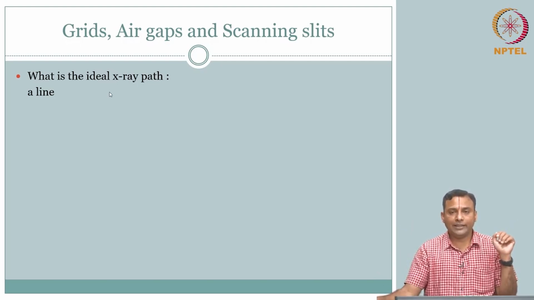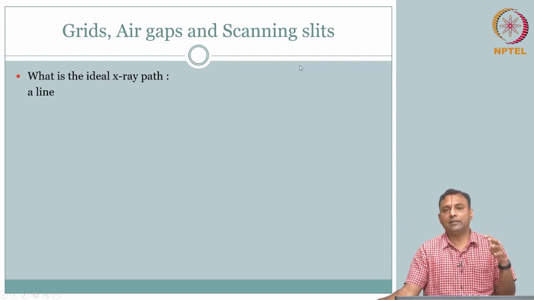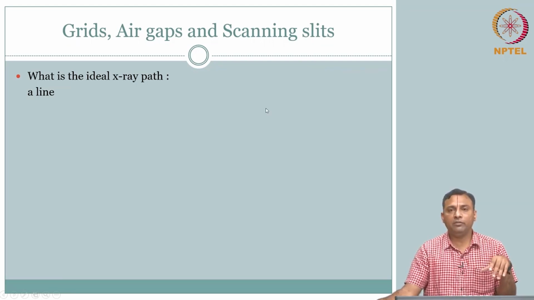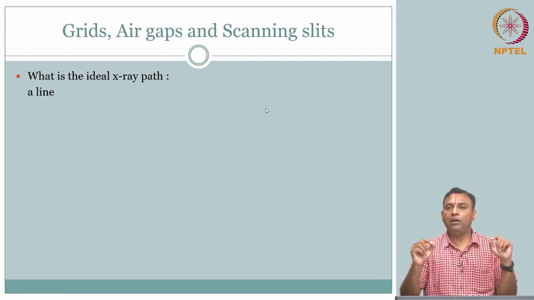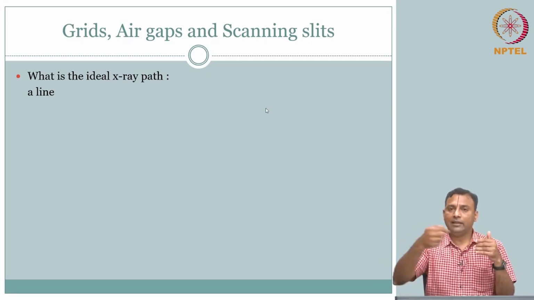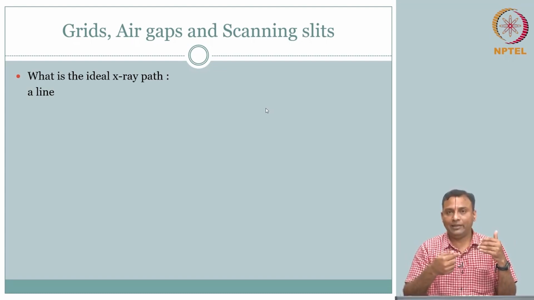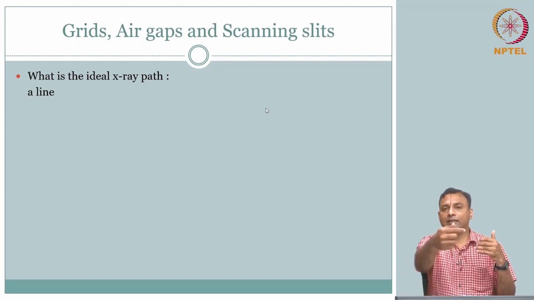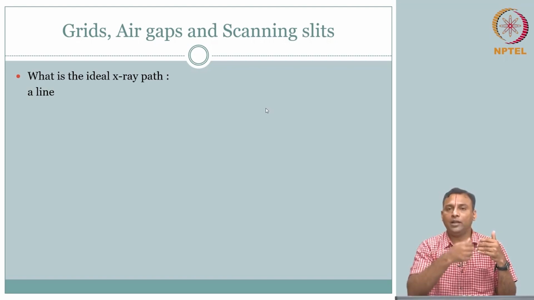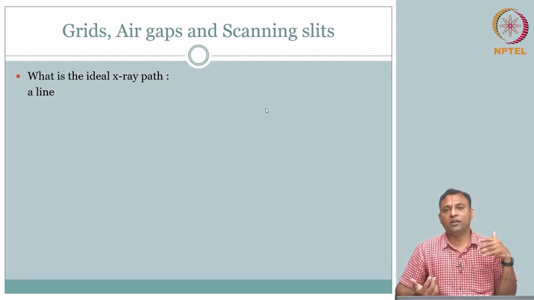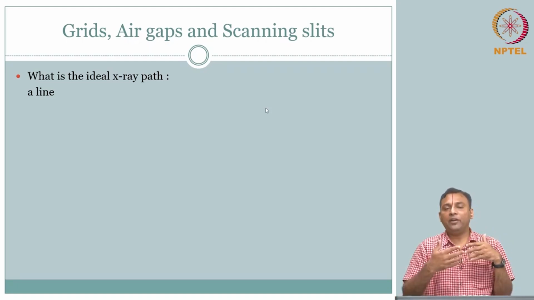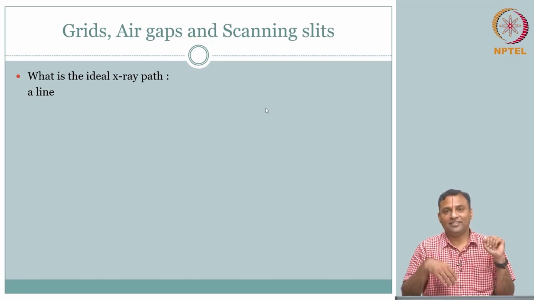So essentially your grids, air gaps or scanning slits, we will quickly run through each of them, their objective is to minimize the signal that is entering from Compton scattering and maximize the photons that are entering through the straight line path. In some sense you are trying to get a very good signal to noise ratio.